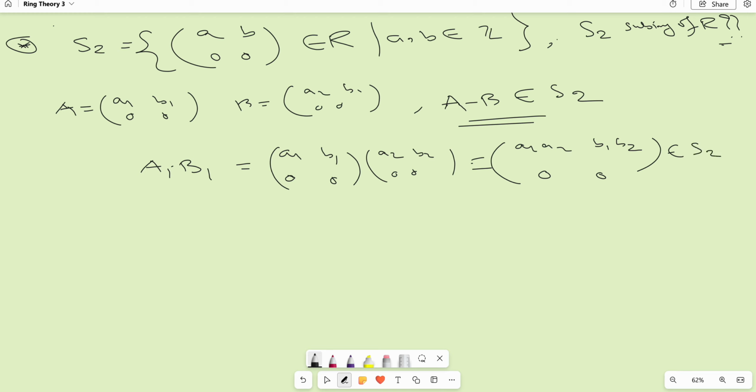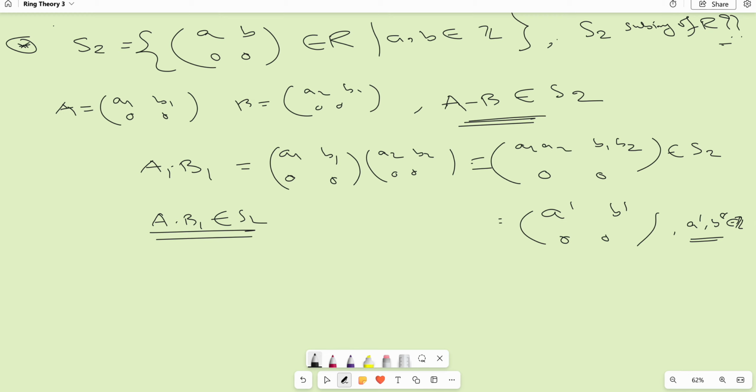Clearly it is of the form a dash b dash 0 0 with a dash, b dash inside Z. So these two properties are satisfied, and a dot b is inside S2. So this is a subring.